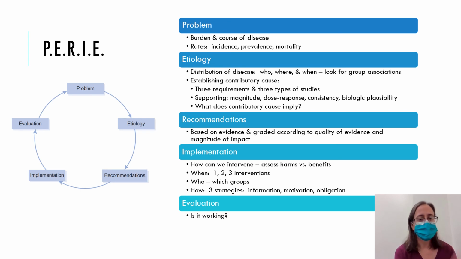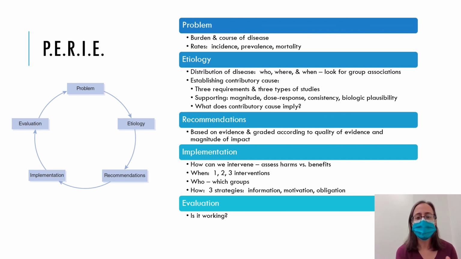So let's quickly review. So for problem, we want to know the burden and the course of the disease, the morbidity and mortality. We're going to look at incidence rates, prevalence rates, and mortality rates. In order to decipher the etiology or the cause of disease, first we're going to look at the distribution of disease, the who, where, and when, and look for those group associations to give us clues.